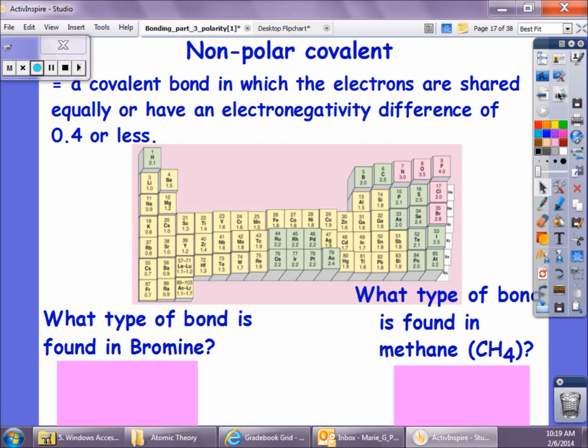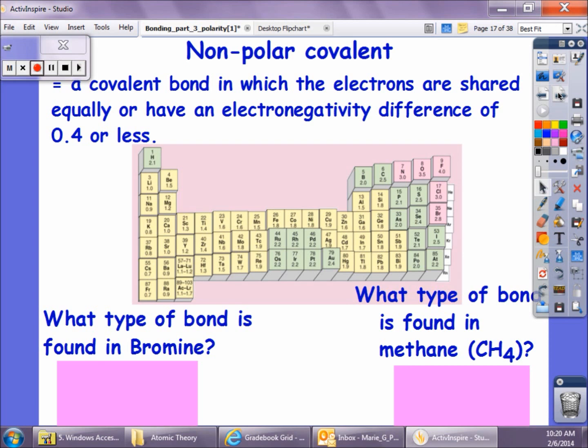Non-polar. Can someone tell me what is the type of bond that is found in bromine? What is the formula for bromine? You can talk to me. You can talk back. Br2. What is the difference in electronegativity between Br and Br? Zero. What type of bond will bromine form?